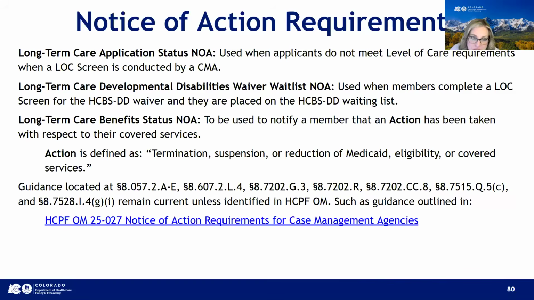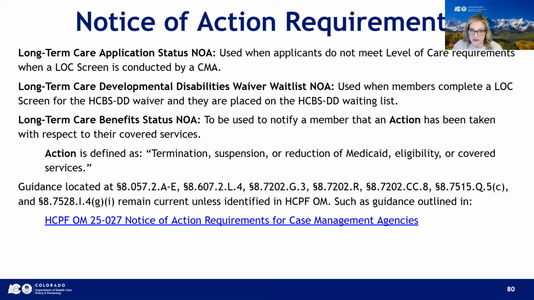Couple things are not changing. Things that are not changing are your access to and expectation to utilize your current notice of actions. That includes your long-term care application status NOA, the long-term care developmental disabilities waiver waiting list NOA, and the long-term care benefit status NOA.